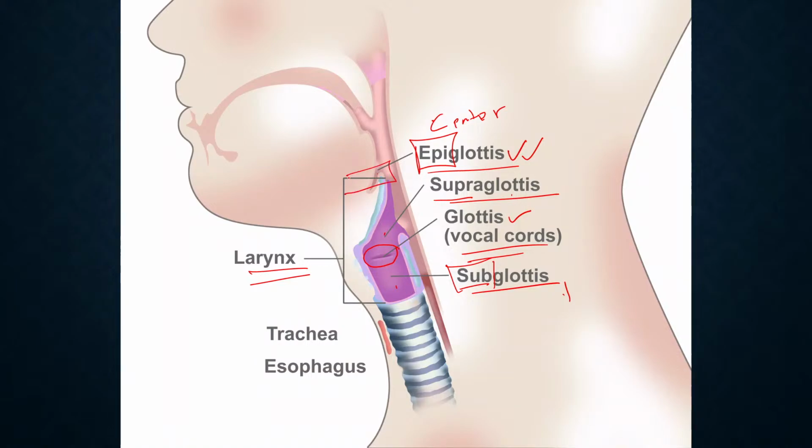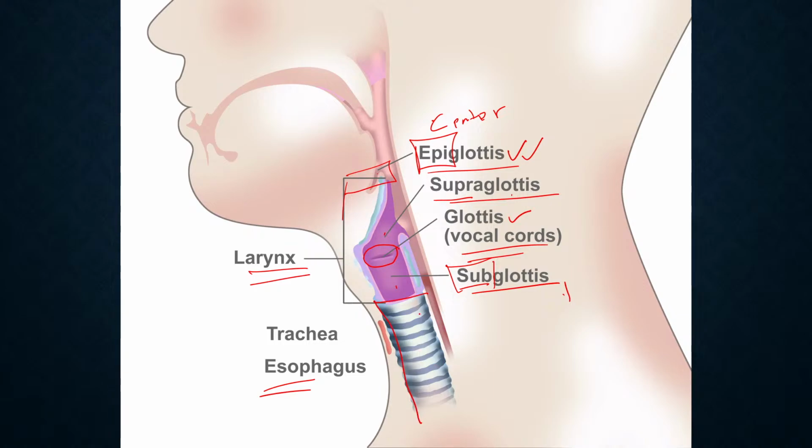And it's the epiglottis that helps direct food away from the trachea, and it blocks the passage into the trachea when you eat. So the esophagus, normally it's behind the trachea or the windpipe.